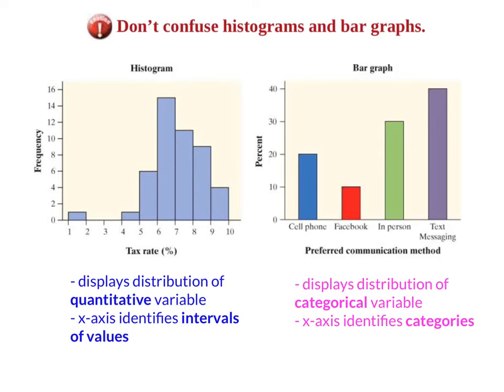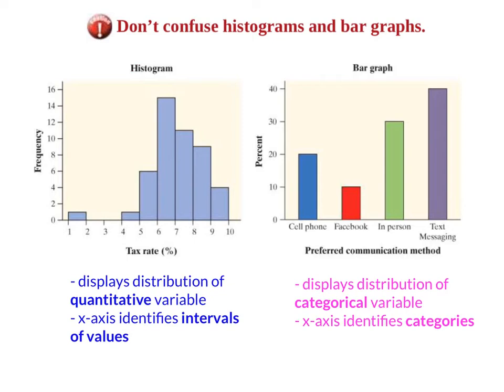So the thing about histograms versus bar graphs is that bar graphs over here display the distribution of categorical variables. So for example, that graph that we looked at in our bar graph video had to do with preferred communication method: cell phone, Facebook, in-person, text messaging, etc. So note, those aren't numbers. Those aren't intervals. Those aren't quantitative.